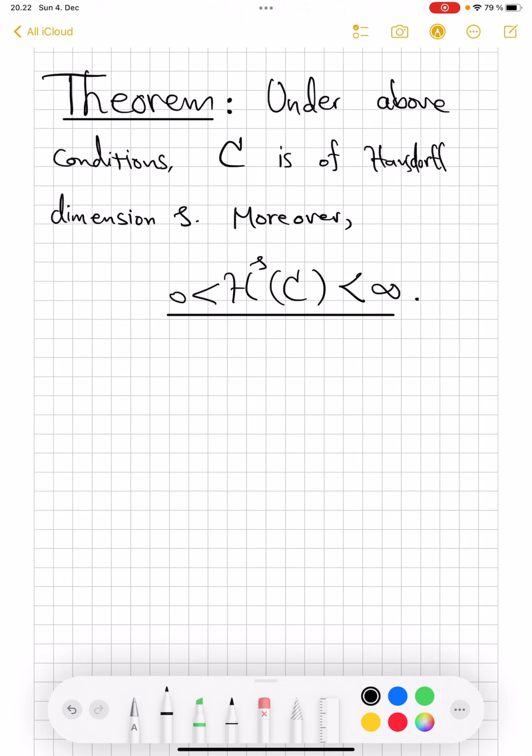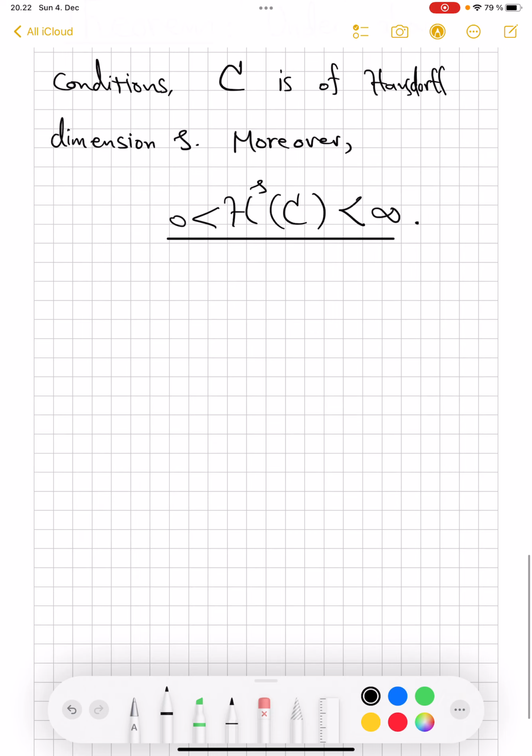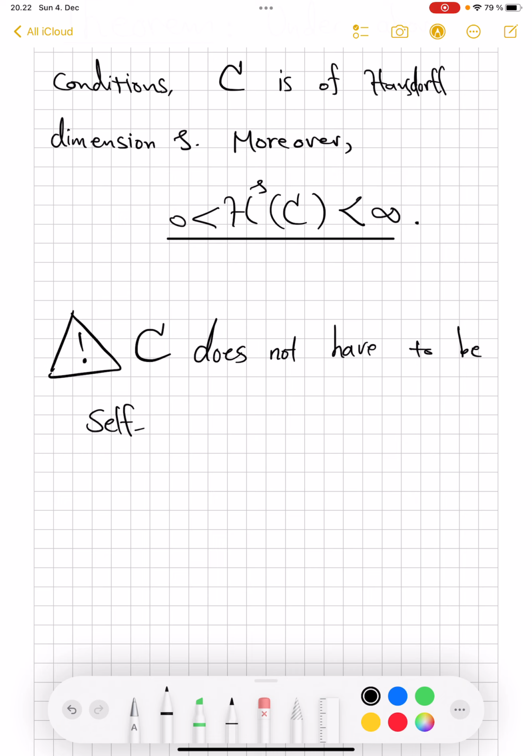That's a very wonderful theorem, because we will later see other theorems that immediately give Hausdorff dimension of sets, but the point here is that C does not have to be self-similar.